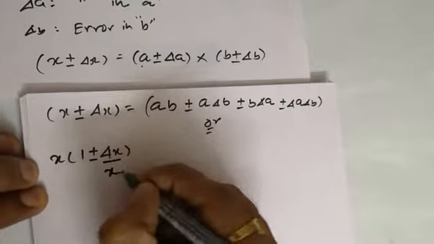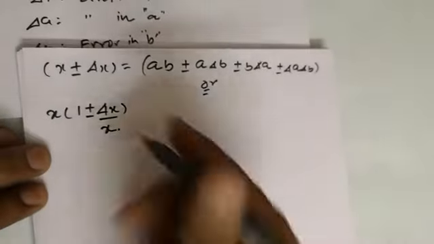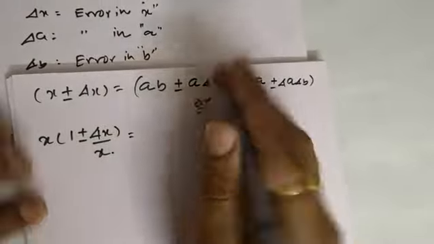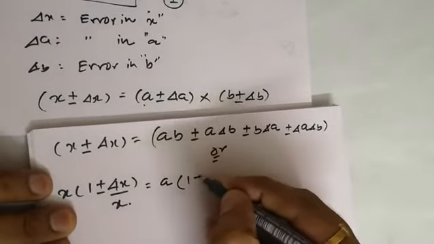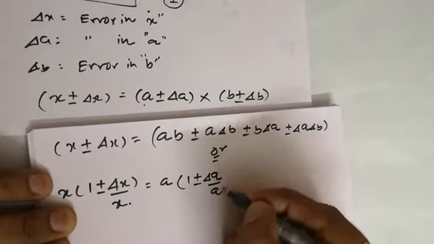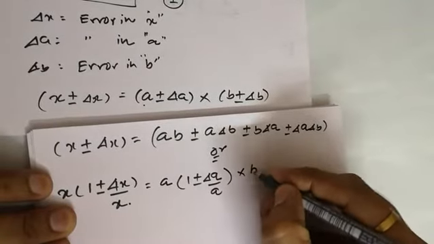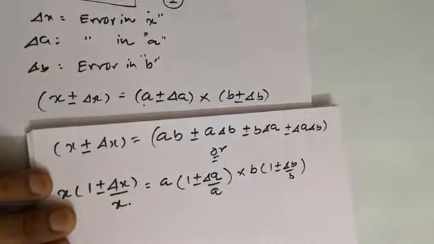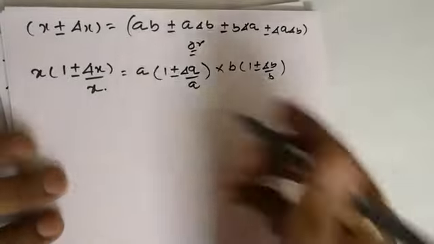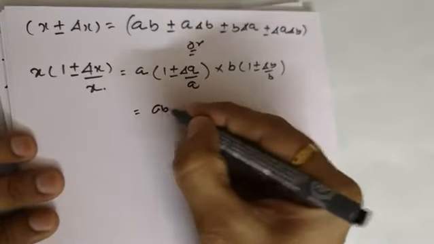Or you can simply bring out x common from this segment. It may lead to x times 1 plus or minus delta x by x, and from this bracket I bring out a common, so a times 1 plus or minus delta a by a, multiplied by b times 1 plus or minus delta b by b. You are aware of normal mathematics, that in multiplication we can shift those parts.